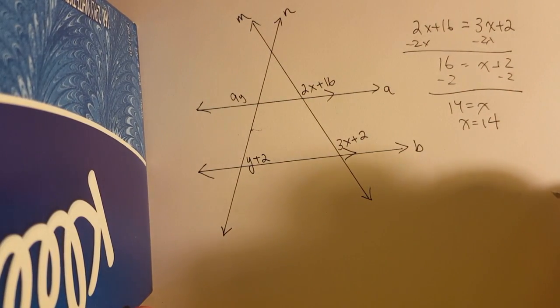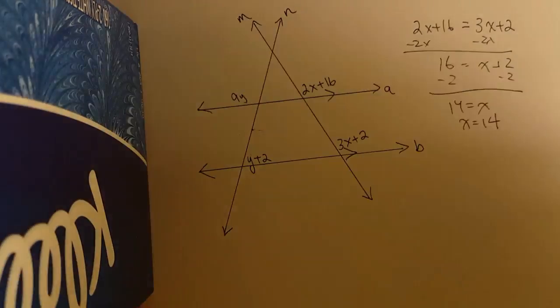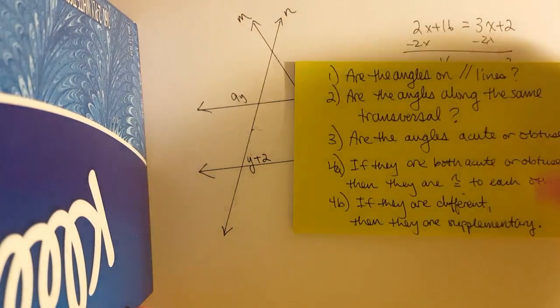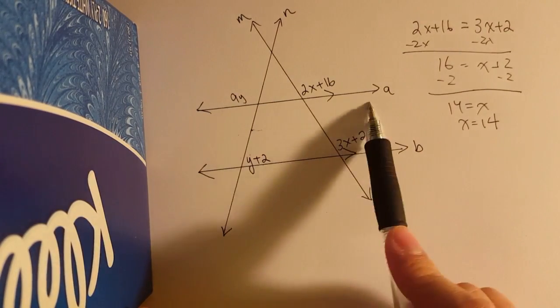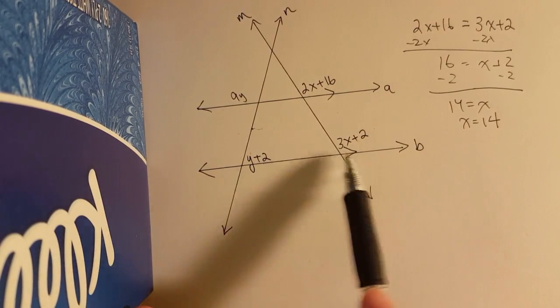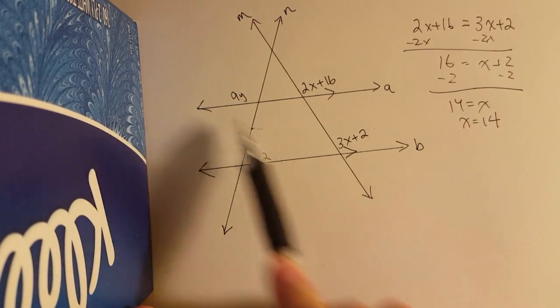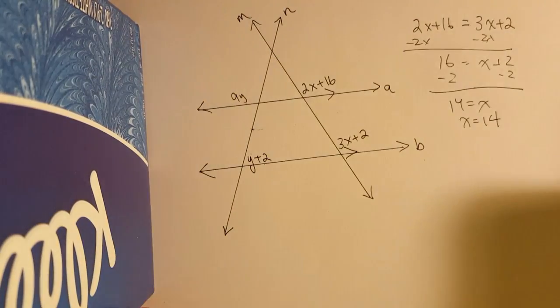There we go. Now I'm trying to figure out what y is, and so I can follow the same questions. Are the angles on parallel lines? Yes, they are, because line A and line B are parallel, denoted by those arrows. Are the angles along the same transversal?